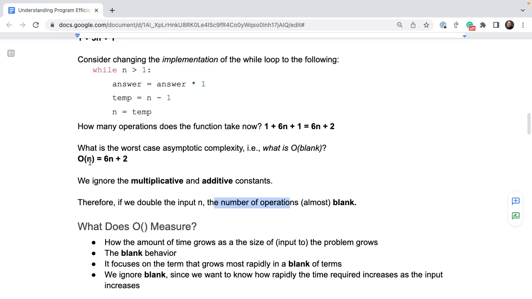It's going to double it. So when you double the input n, you almost double the operations, because the plus 2 doesn't matter. So if we double the input n, the number of operations also doubles. By the way, this right here is a linear relationship. So what we would say is that this has a linear runtime.